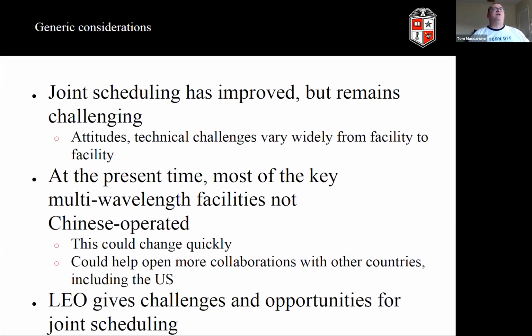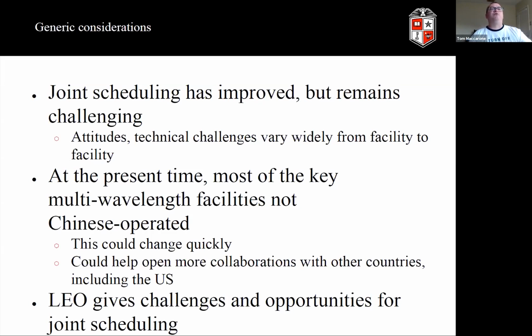So joint scheduling processes have improved, but it remains a big challenge. And the attitudes and the technical challenges in doing simultaneous joint observations vary widely from facility to facility. So for example, when ALMA first turned on, a lot of people in the ALMA community had no notion that any targets of opportunity should ever be done.